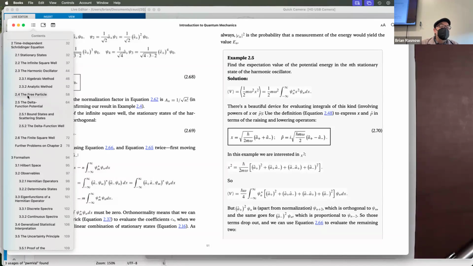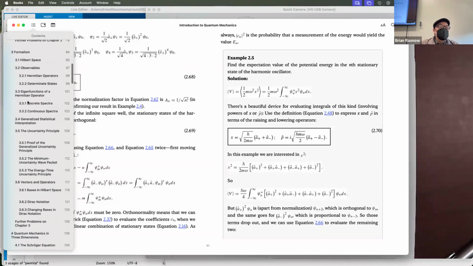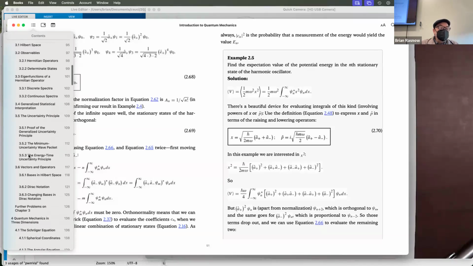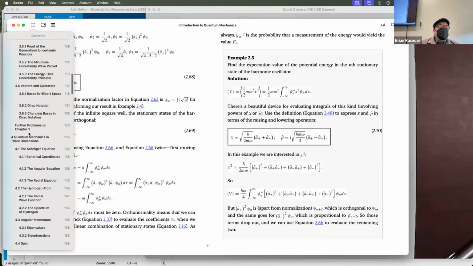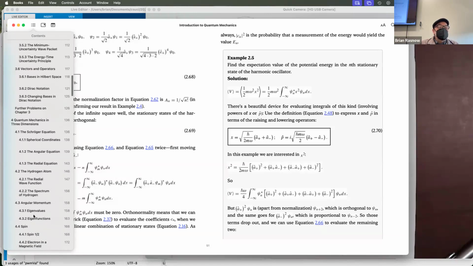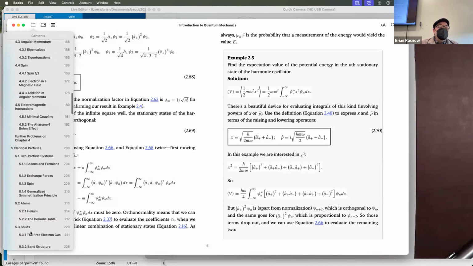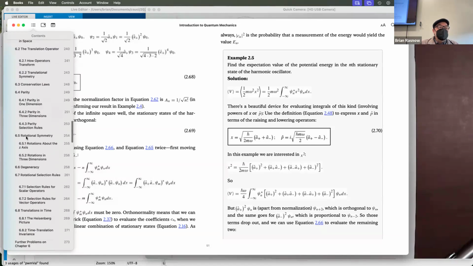He's not going to start with it because it's pathological. And so now we're going into the formal general description of it. Then the next chapter next week will generalize to 3D, and then we'll do spin, and then multiple particles, and symmetry.